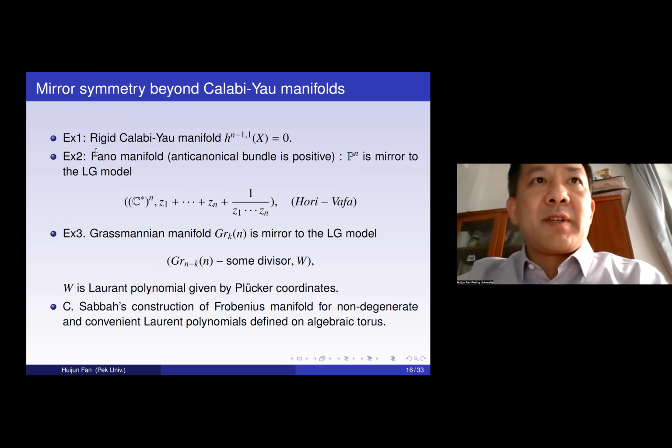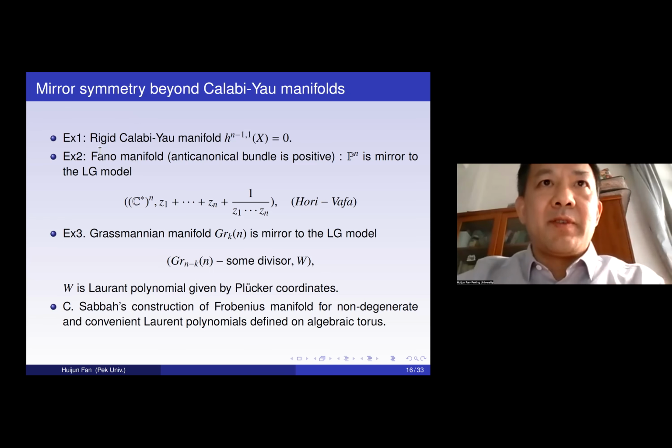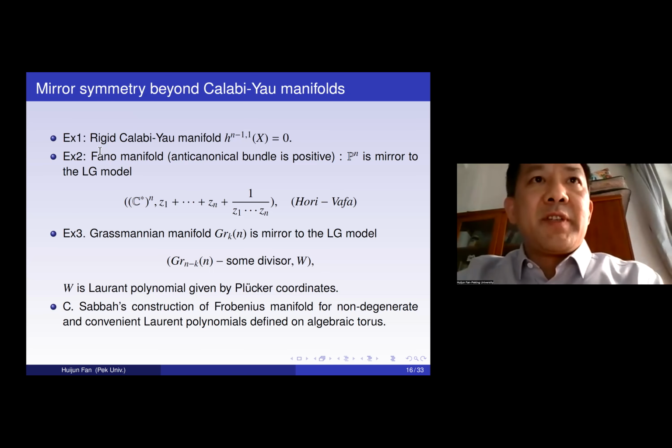So the first reason is because there exist the so-called rigid Calabi-Yau manifolds, which have Hodge number h^{2,1} equal to 0. That means there's no non-trivial complex deformation of this Calabi-Yau manifold because this dimension is 0. Even X is compact.